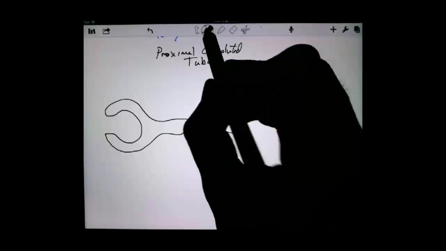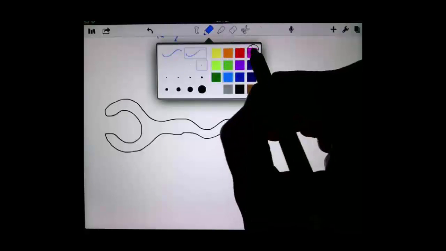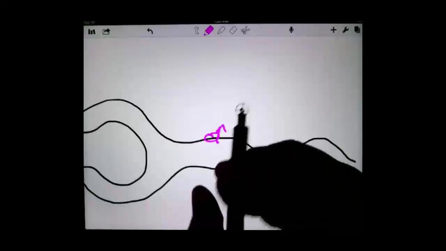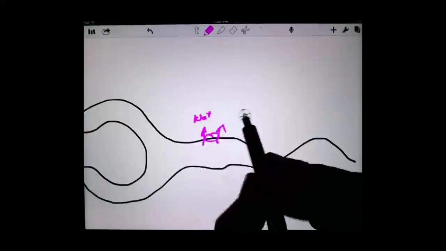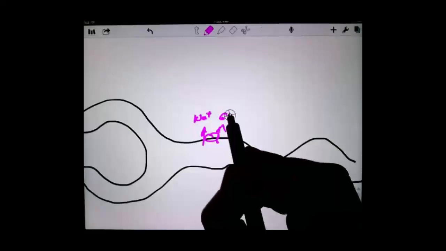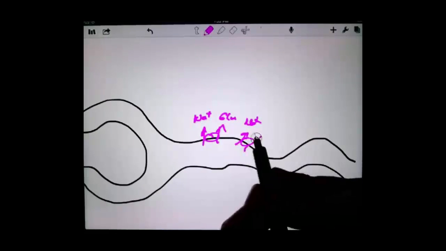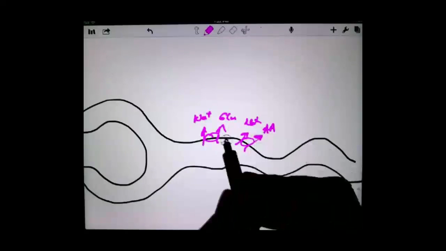In the proximal convoluted tubule, a lot of these molecules that were picked up wind up being moved out by, for example, secondary active transport. So sodium is being moved out along with glucose, and amino acids also being moved out in this way.